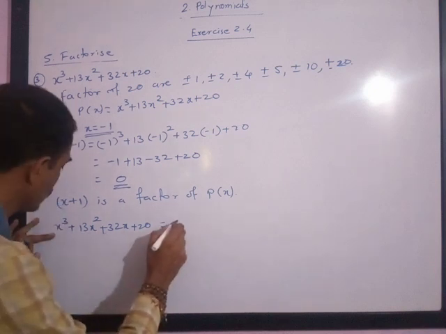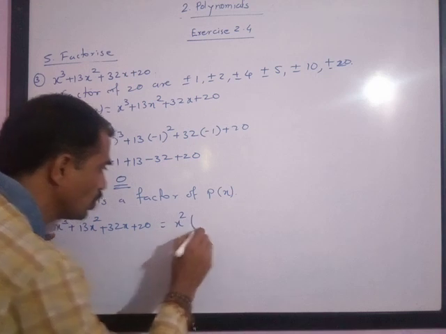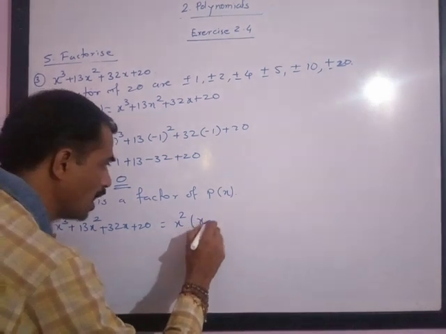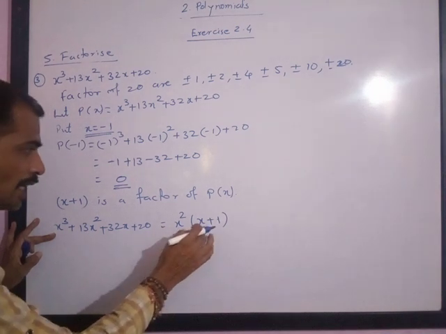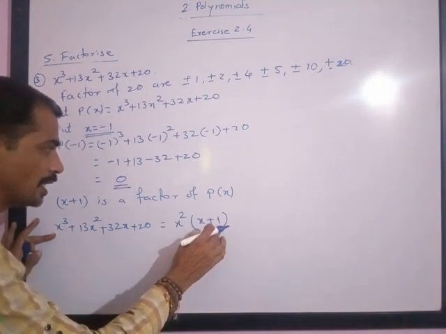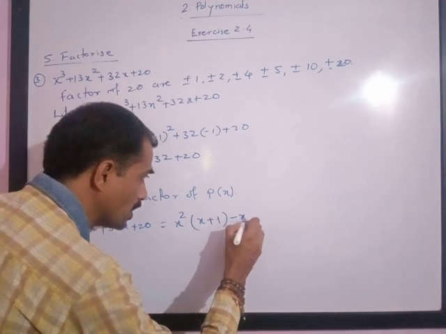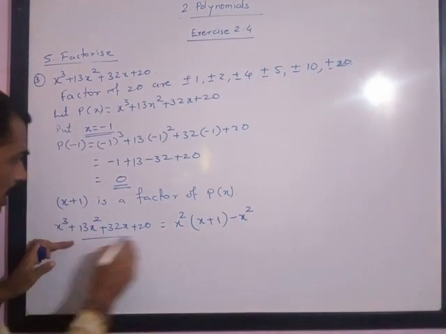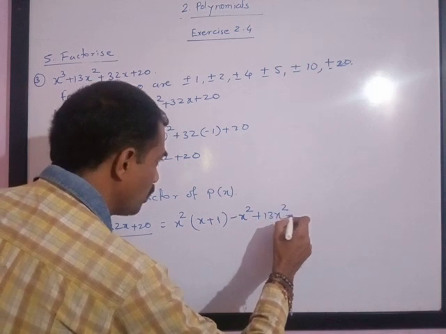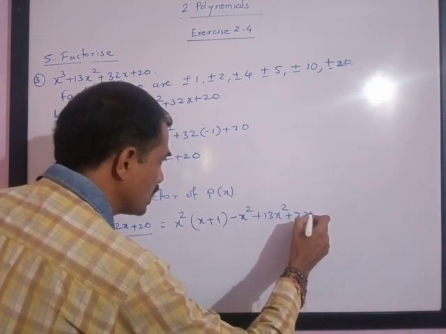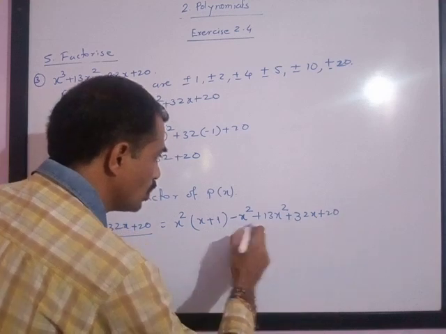You will get x square. So x square is the quotient, x plus 1 is our divisor. Now multiply x square by x, you will get x cube. x square into 1 is x square, so you have to do minus x square. Then write the remaining terms, that is plus 13x square plus 32x plus 20.